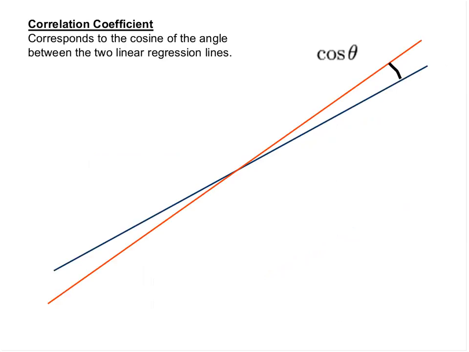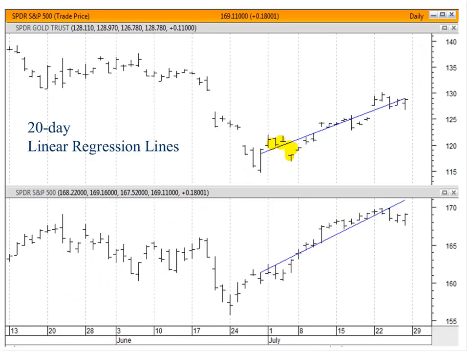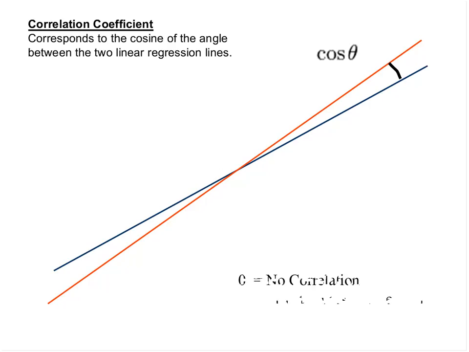If they're at a 90-degree angle, they would be perfectly uncorrelated, and something right in the middle would be a cosine corresponding to 0. You get the picture here. I'm showing it geometrically. You can dive into the concept, but we're just trying to see how well these 2 correlate, and that's what you get.